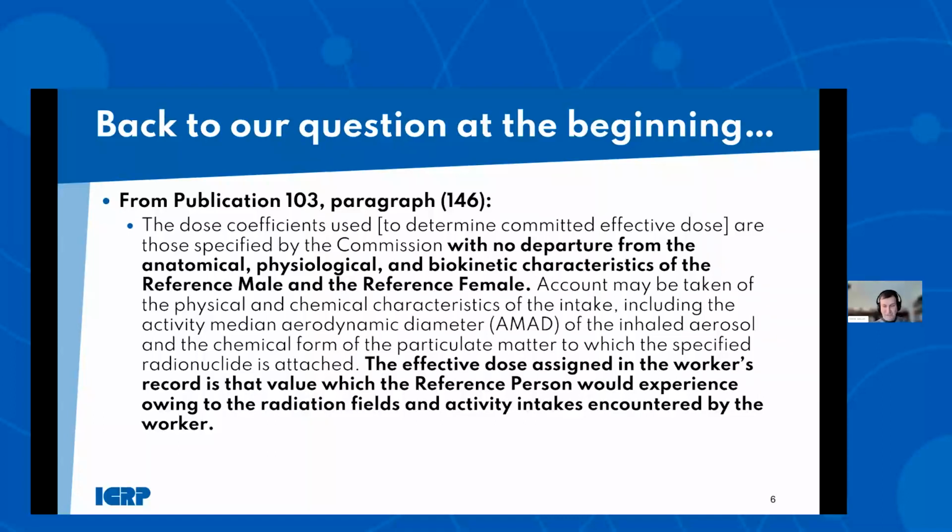Moreover, the effective dose assigned in the worker's record is that value which the reference person would experience owing to the radiation fields and activity intakes encountered by the worker.